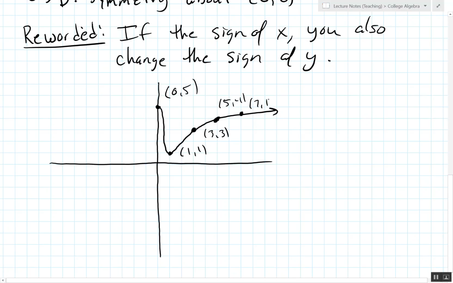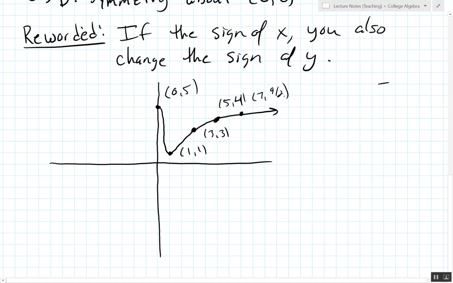And this is 7, 4.5. It's 9 halves. And this last point is 7, 9/2.